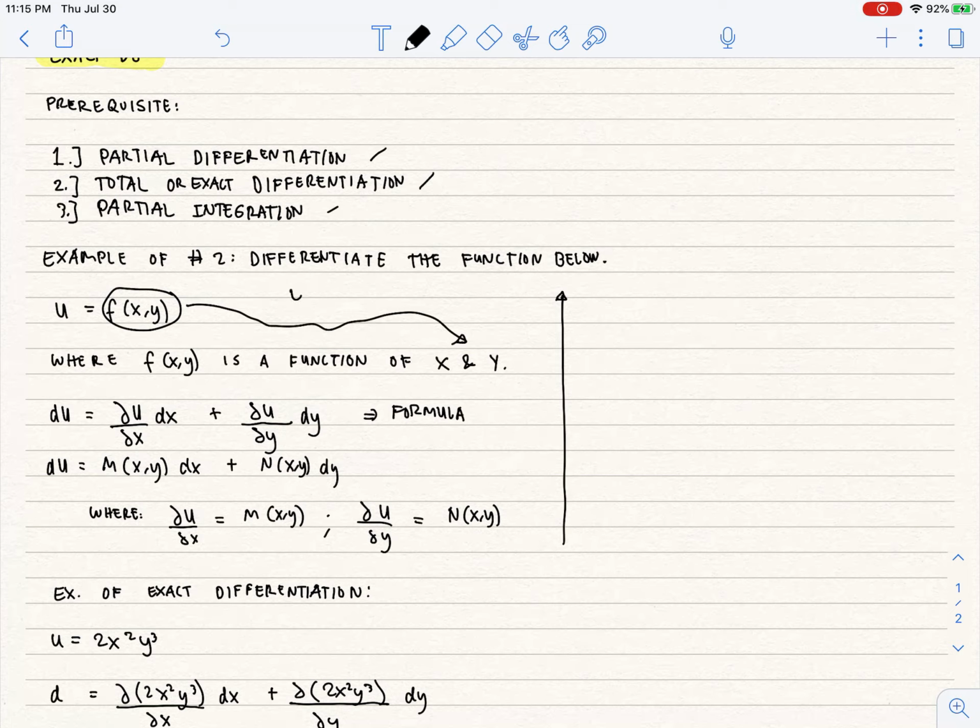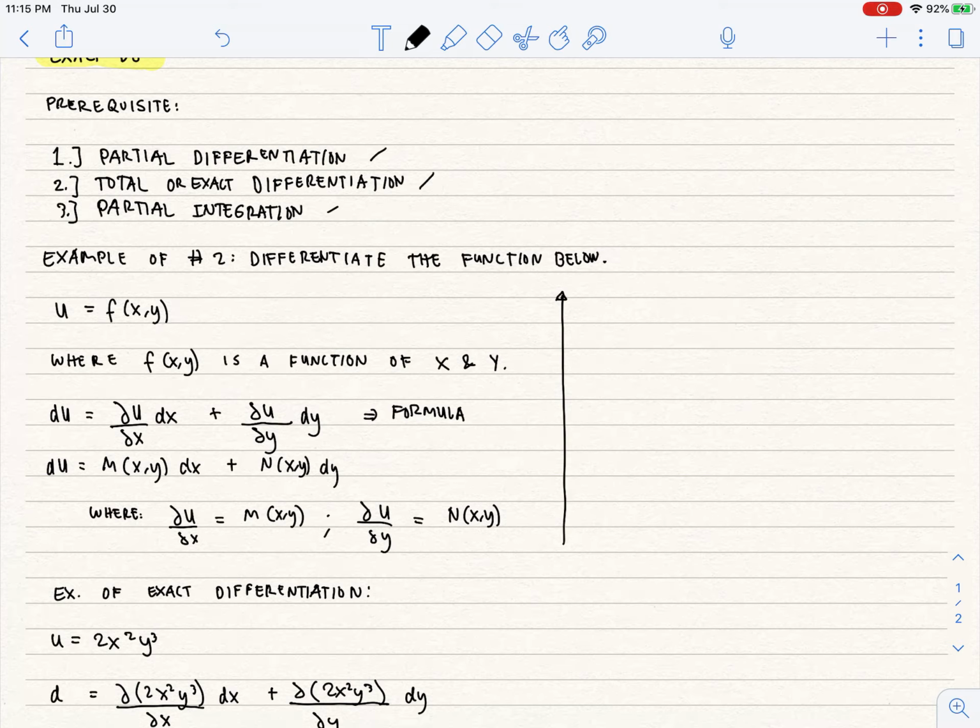So pwede na siya example, f of x and y can be, for example, e raised to y sin x. Anything na naga-involve og variables x and y, mao na ang pasabot niya. Okay?